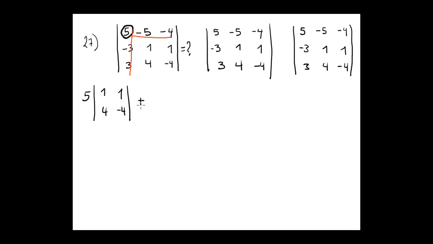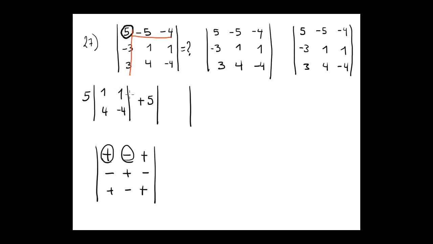Plus, because the agreement of the signs, remember, is plus, minus, plus, minus, plus, minus, plus, minus, plus. So the first entry was positive, but the second is negative, and negative 5, double negative is plus 5, and another determinant is formed.